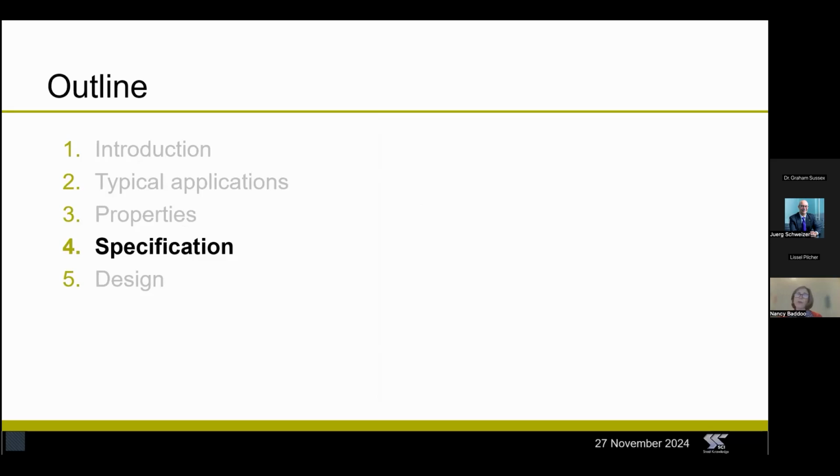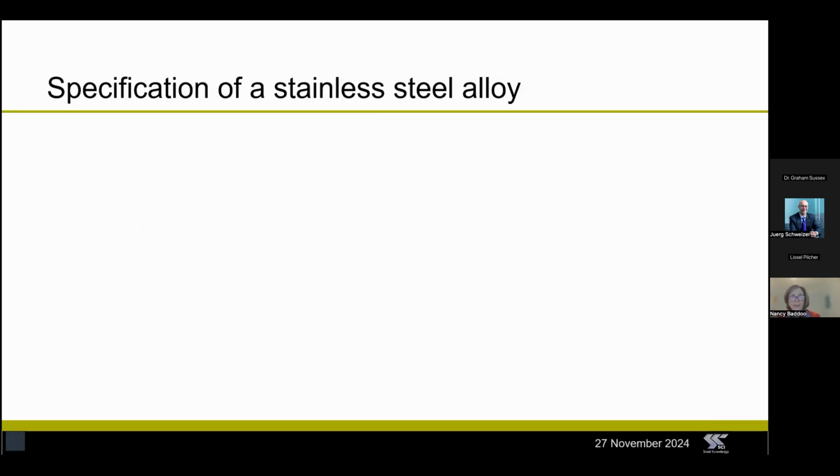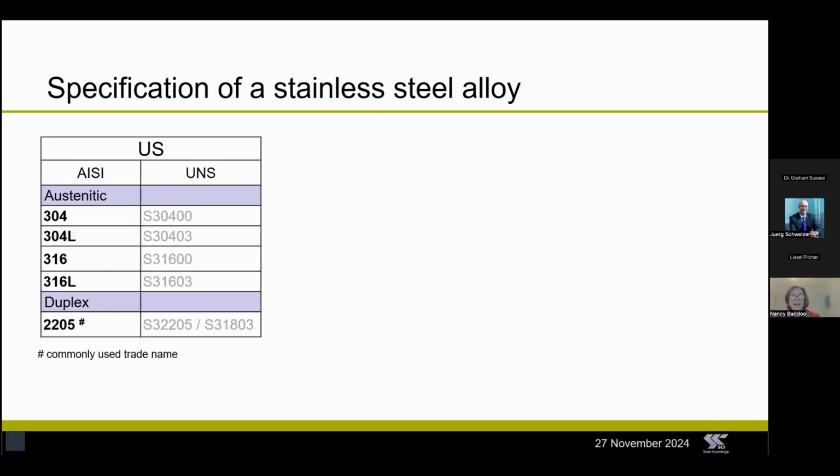We're going to move on now to specification of stainless steel alloys. I'm going to start by talking about how we call the different alloys. So in Australia, I understand that generally you use the American system of naming stainless steels, the AISI system.